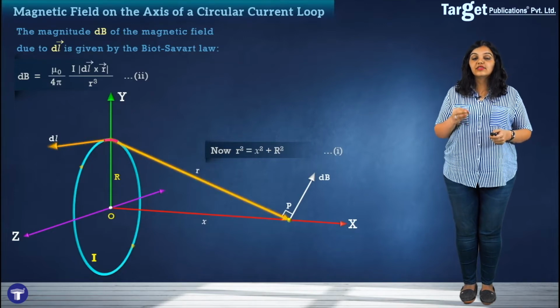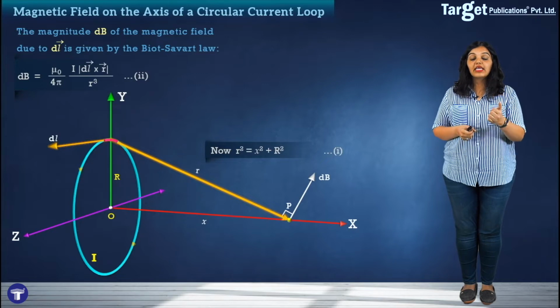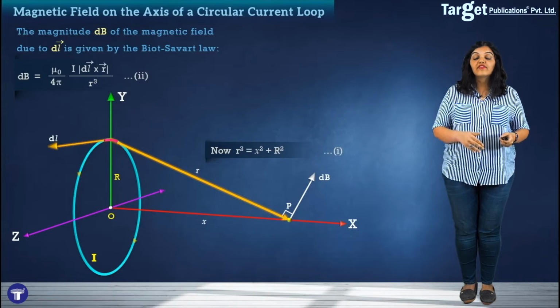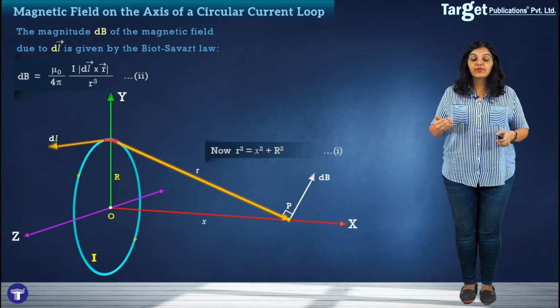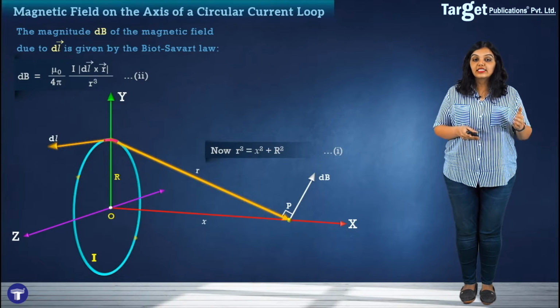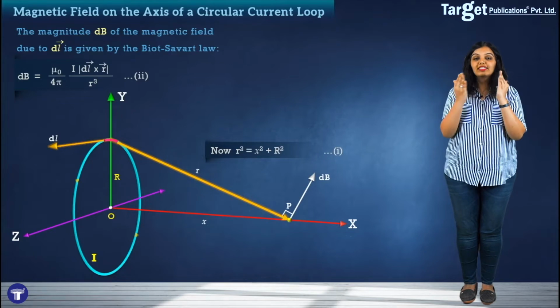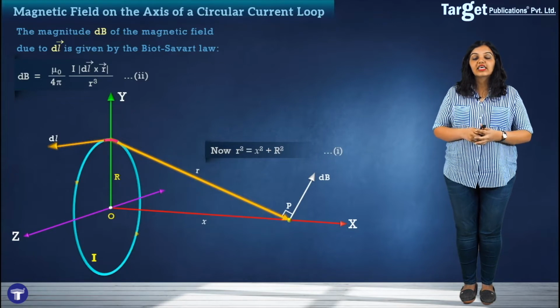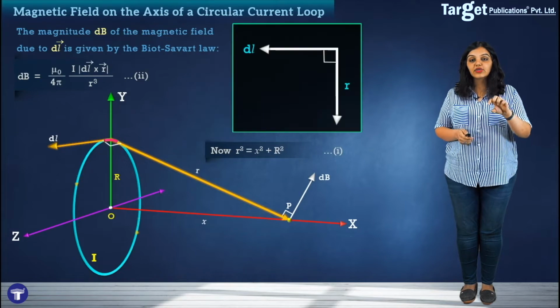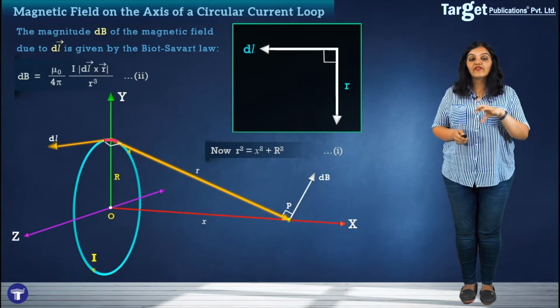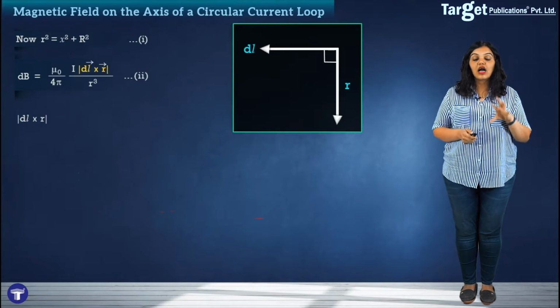Now in this case, as you can see, dl is coming out of the plane of the screen. That is, it is coming towards you, whereas r lies in the yx plane. So dl lies in the yz plane and r lies in the yx plane. And since these two planes are perpendicular to each other, it is obvious that dl and r are actually perpendicular in this case. And therefore, the dl cross r part of our formula just becomes r dl.